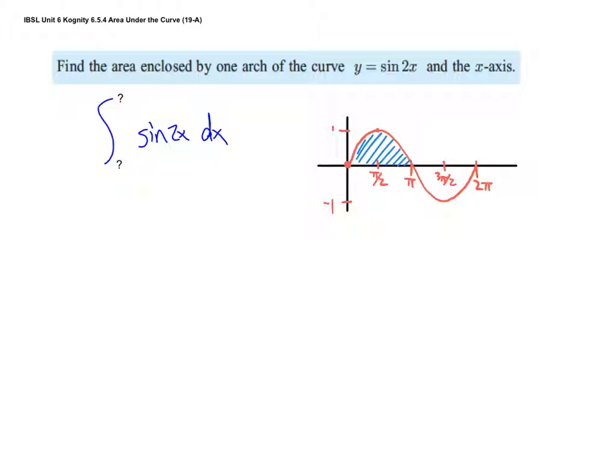Now this is sine of 2x. What does that 2x do to the function? Is it a vertical stretch or something? It's not vertical. That would be 2 sine of x.